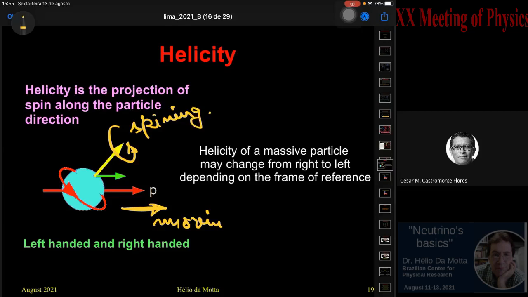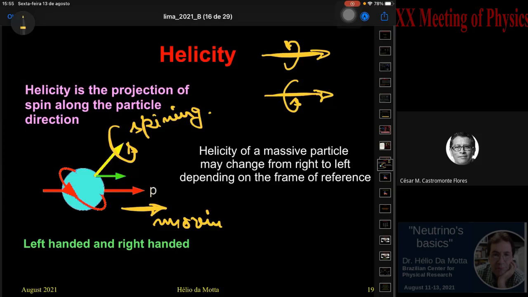And so we project the spinning in the direction of movement. So, in principle, you could have the particle going in this direction and spinning like that, or you could have the particle going in that direction and spinning the other way around. Okay, those are the two possibilities.